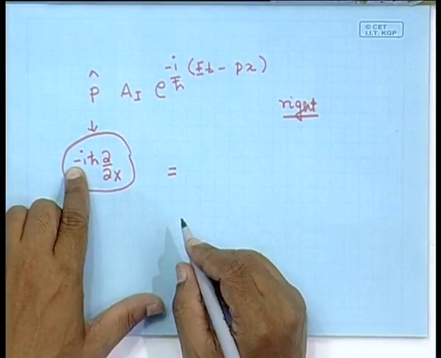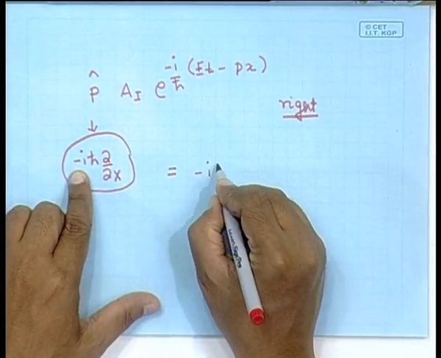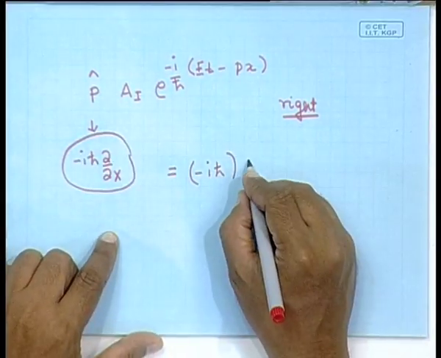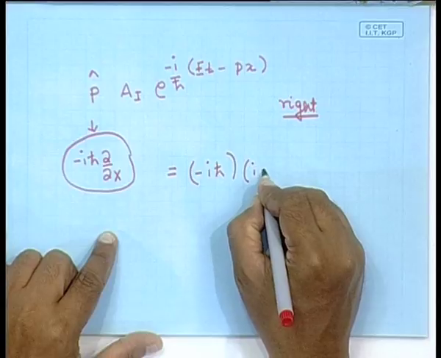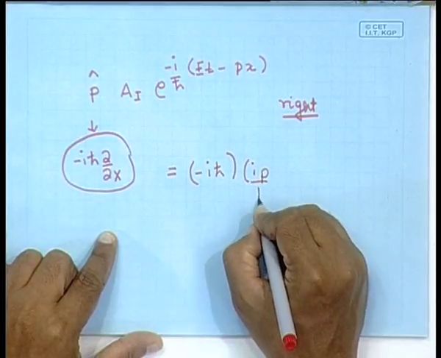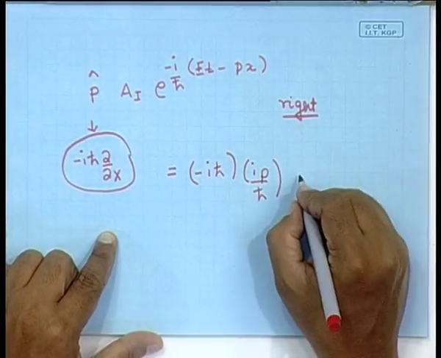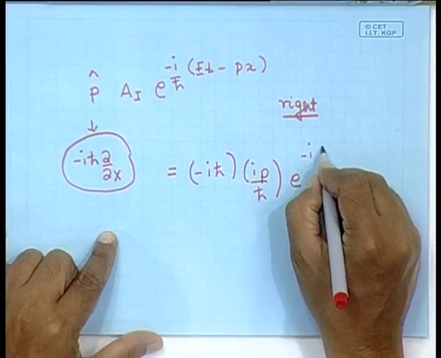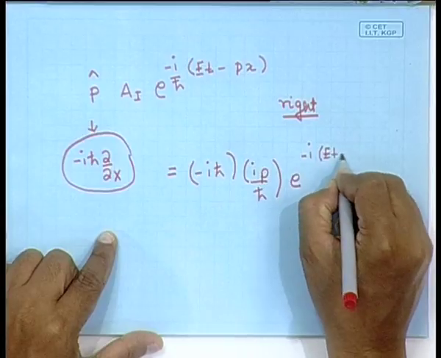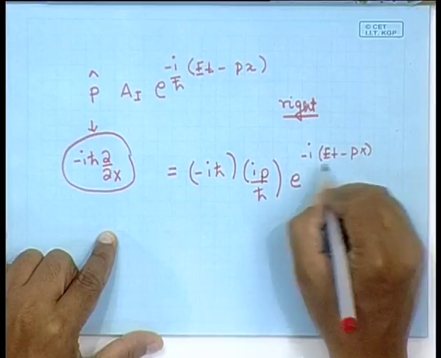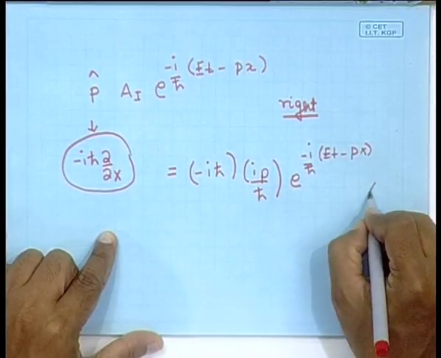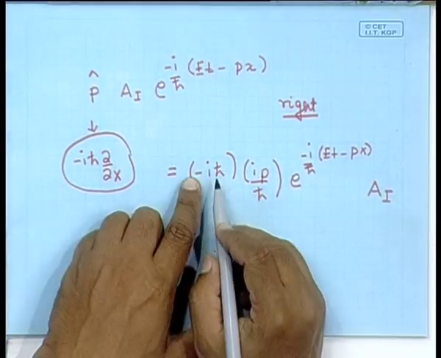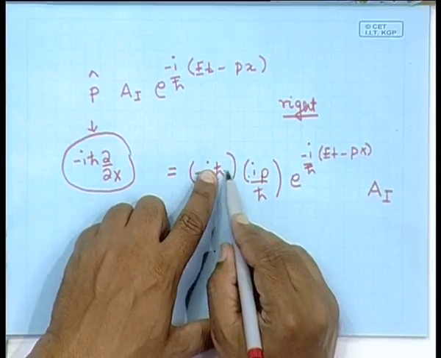I already have minus i h cross, so I get minus i into i, which is 1, and h cross will cancel out.